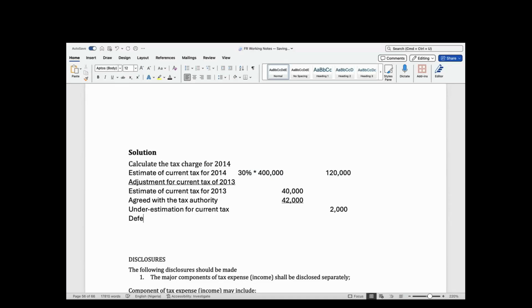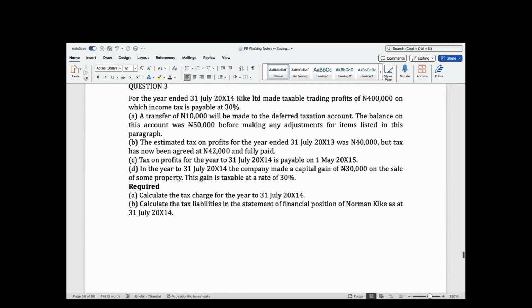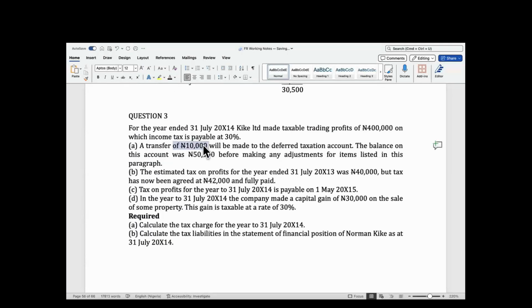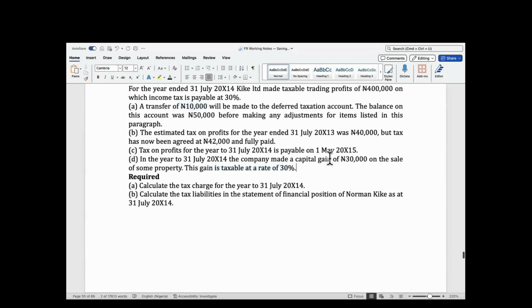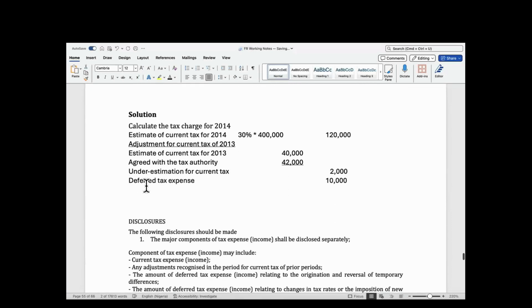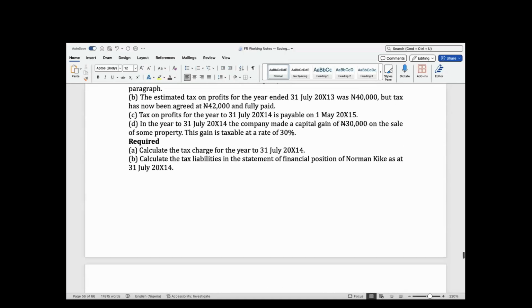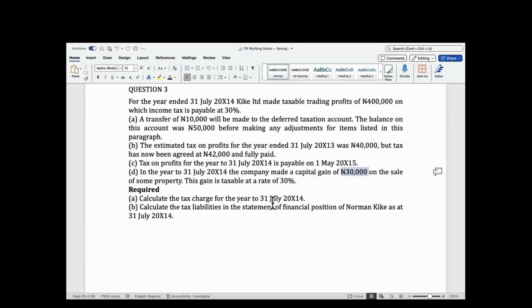Then we'll have a deferred tax expense that was transferred of 10,000. And also, there was a capital gain tax because he made a gain. So we have a capital gain tax, which is 30% times the gain, and the gain is 30,000.